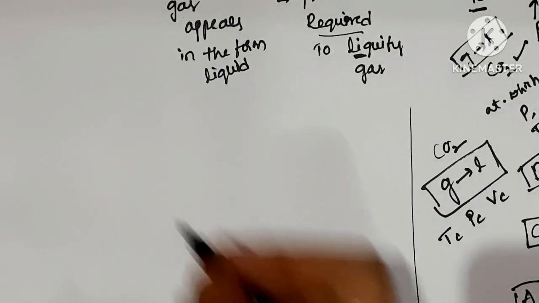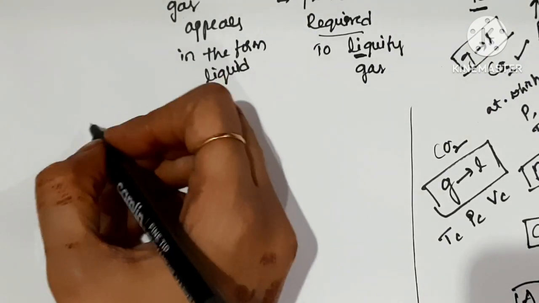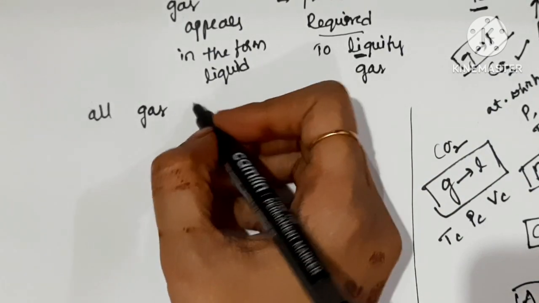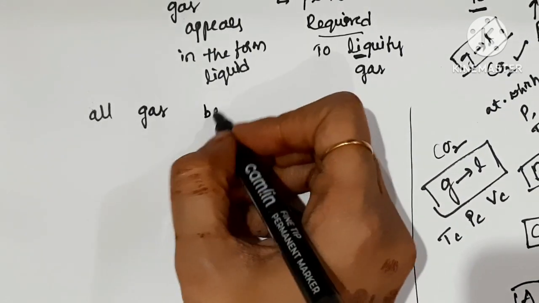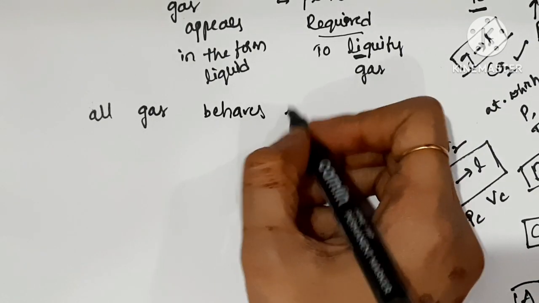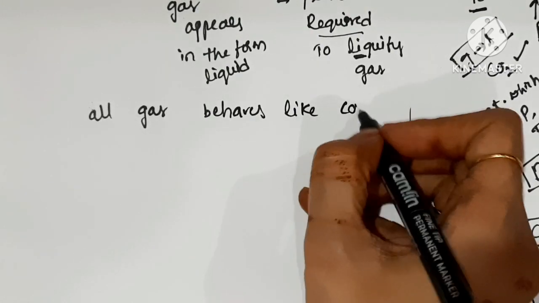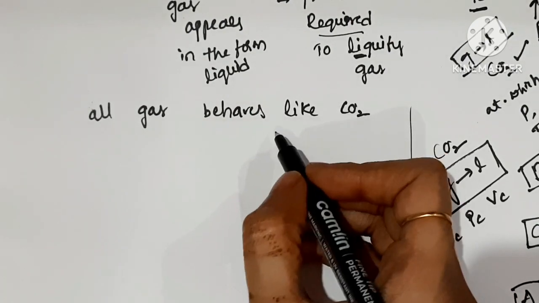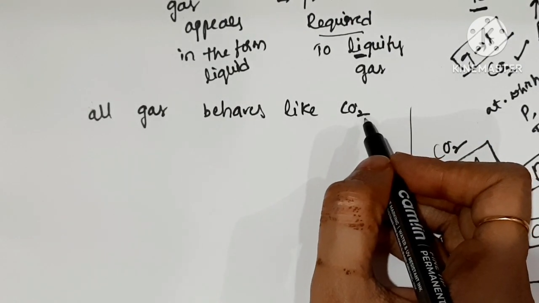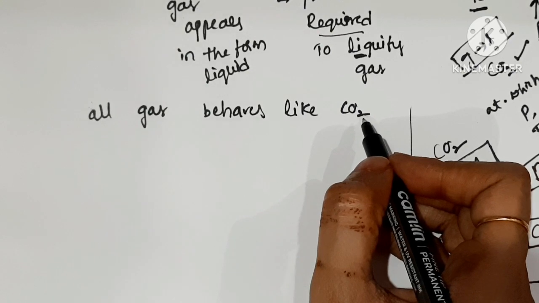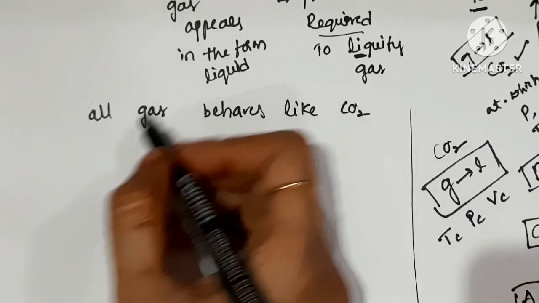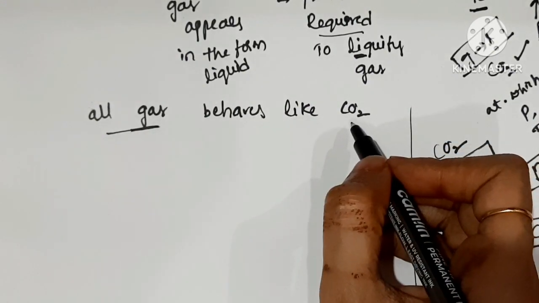And Andrews concluded that the behavior of all gases is like CO2. He concluded that all real gases behave like CO2 gas. He further concluded, after many experiments, that all gases behave like CO2.